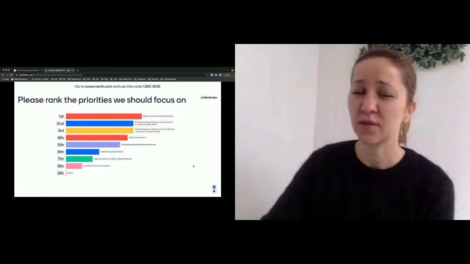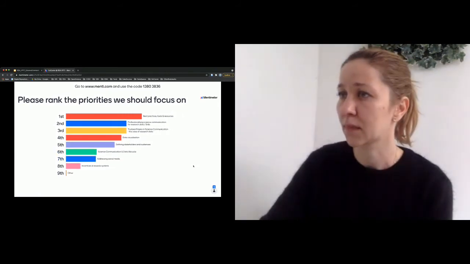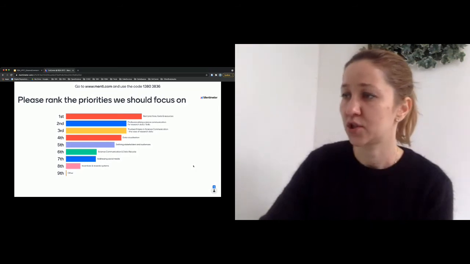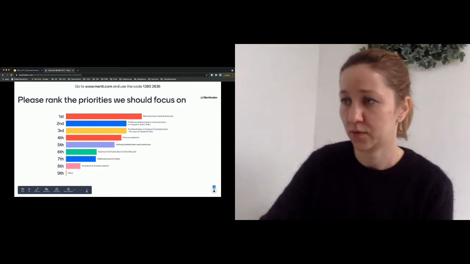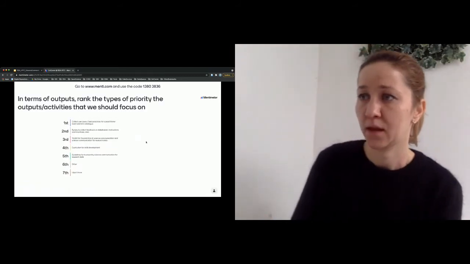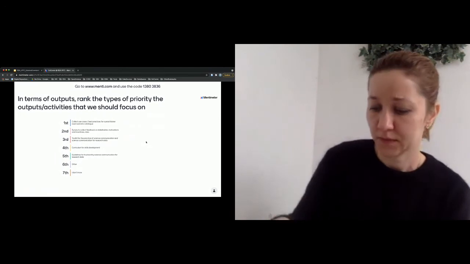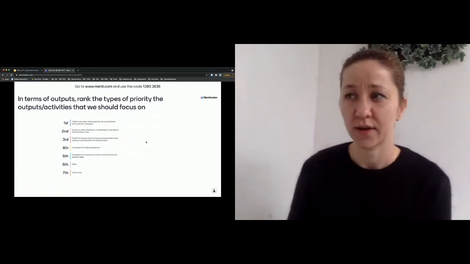Okay, I'll try to move to the next one regarding the potential outputs. Let's see if it wants to move to the next one. So in terms of the outputs, this is also the list that you have seen before.